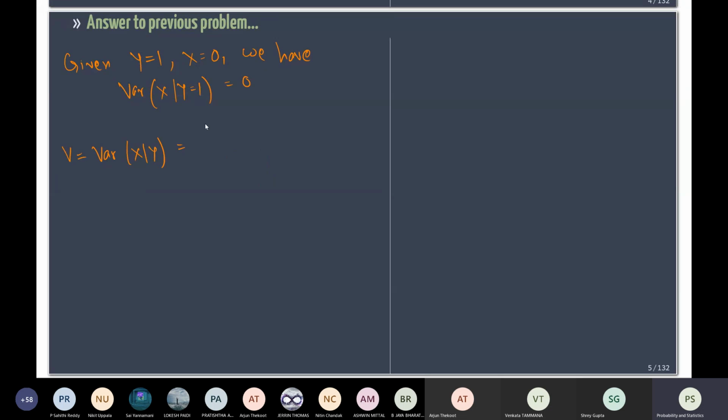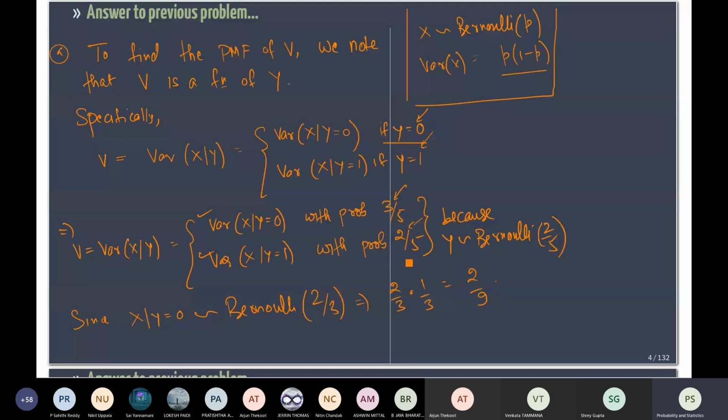These actual values are now computed, which is like 2/9 if this happens with probability 3/5, and 0 with probability 2 over 5. These are just copied from here, 2 over 5, 3 over 5, and this turned out to be 0, and this turned out to be 2 over 9.